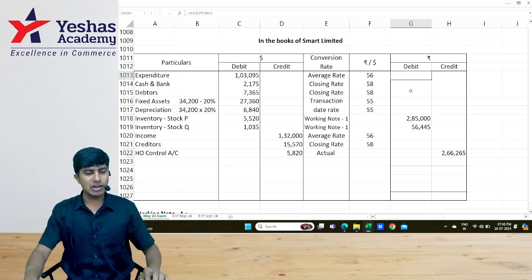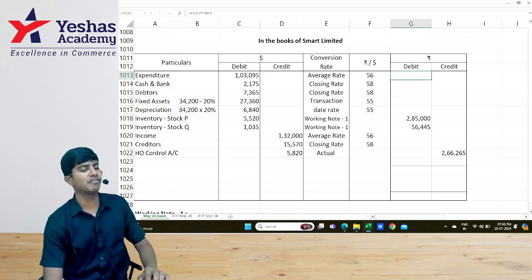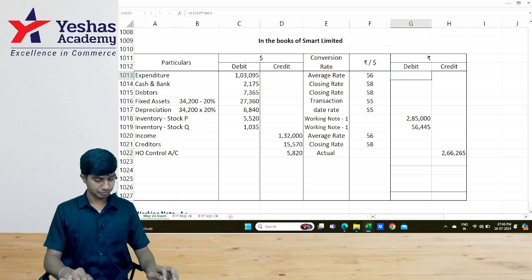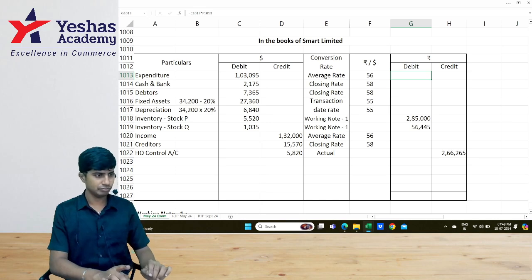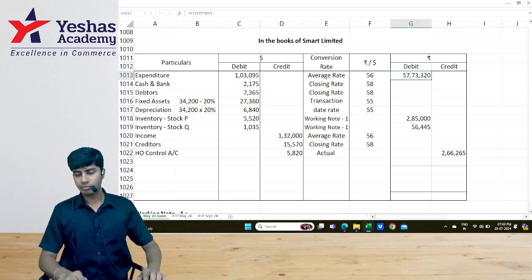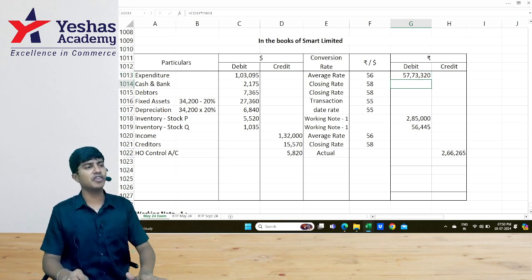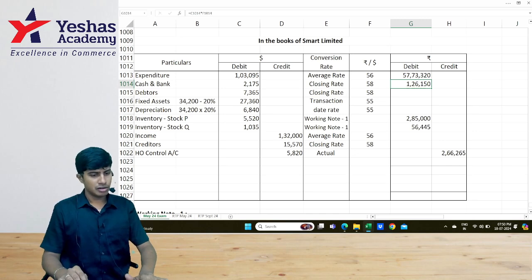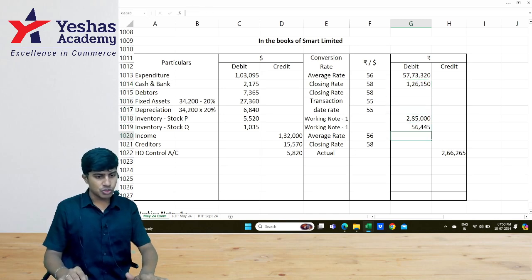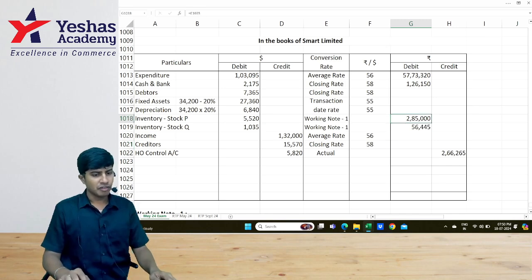Now come on, take your calculator, multiply 103095 by 56. 57 lakh 73,320. 2175 into 58. Which one? 5520.